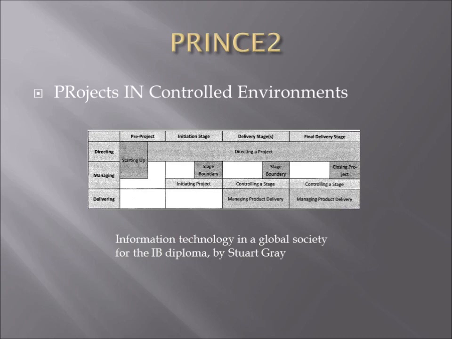But basically, there are 3 levels of work: directing, delivering, and managing, and it partitions each one of them into 4 different stages, and what needs to be set up and who controls what during what phase. Like directing needs to have directing the project and starting up the project along with management. They have all these things. It seems much simpler than the other one, but believe me, it's not.